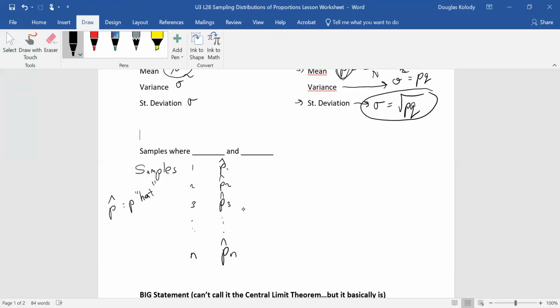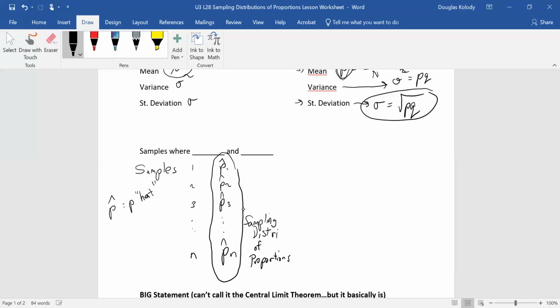This collection of p-hats, this collection of sample proportions, is called a sampling distribution, sampling distribution of proportions.